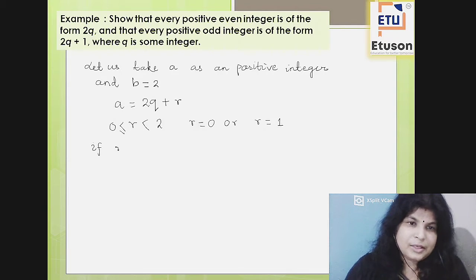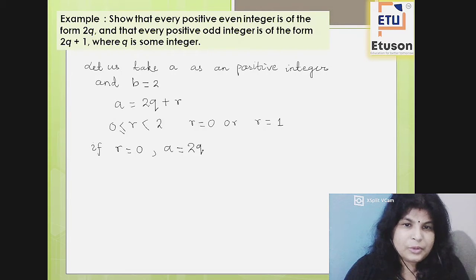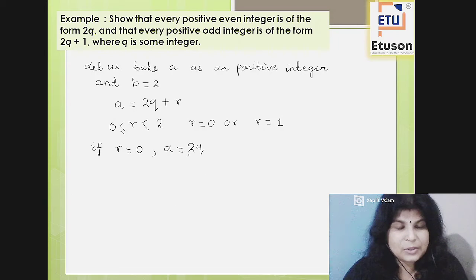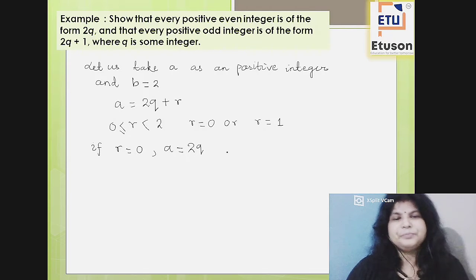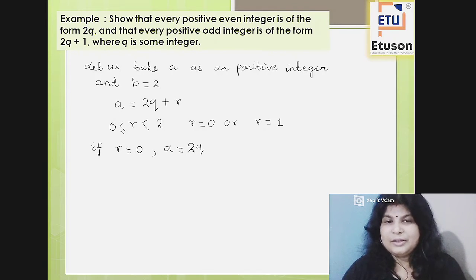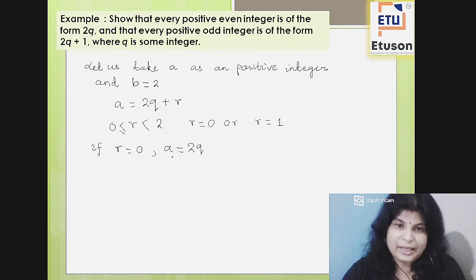If r is equal to 0, then how are you going to write the value of a? In that case, a is equal to 2q. Because q is multiplied with 2, what you can derive from this expression is that 2 is a factor of a.